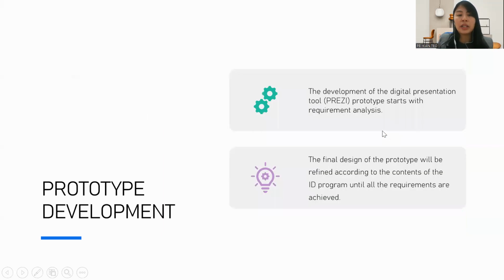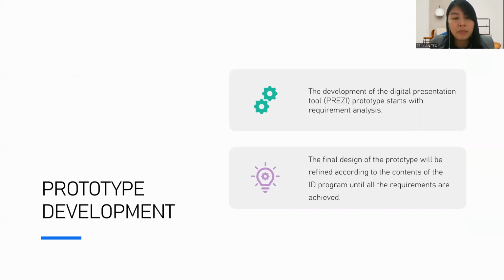And now, we come to the research method. For this research, we are using prototype development. The prototype development is the development of the digital presentation tool, which is called Prezi, and it starts with the requirement analysis.